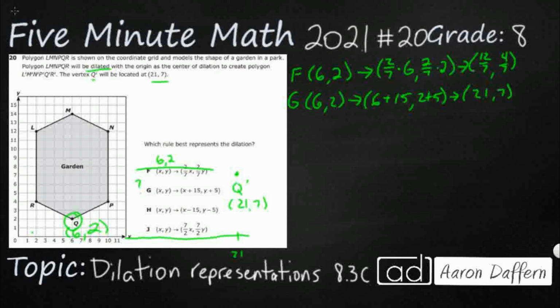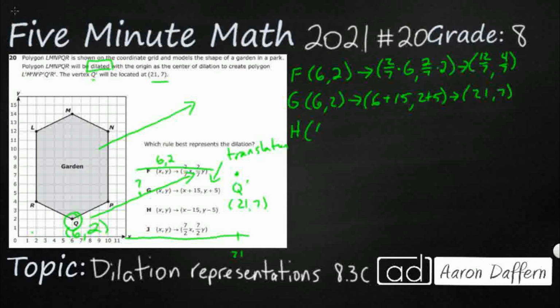I'm going to question mark this. I don't think that's what we need, because the problem said it's going to be dilated, and this is a translation. We're just adding to the x and y, which means we're just sliding the whole thing up this way, not growing or shrinking it. It specifically said dilated, so I'm going to keep working, even though that does give me (21, 7).